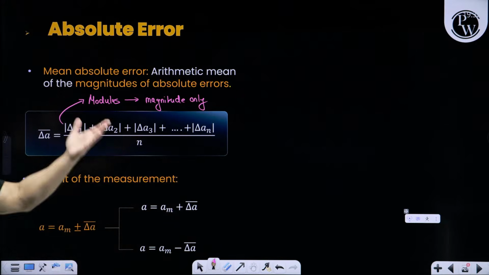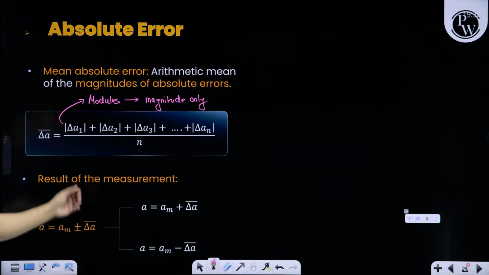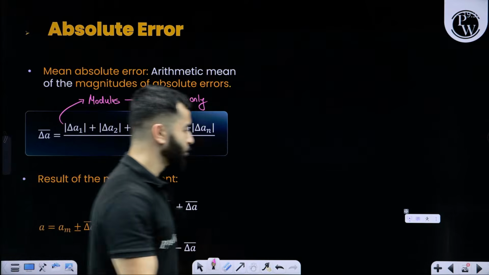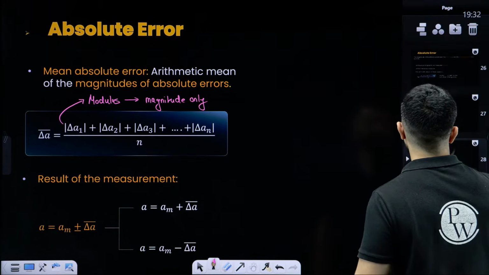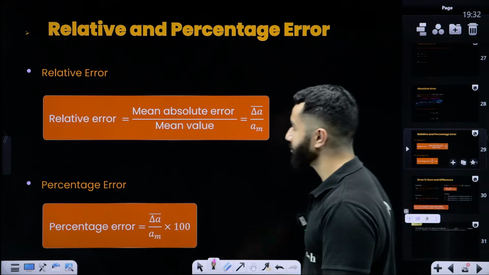Some of them are going to be positive, some of them are going to be negative. So when we talk about mean absolute error, we are going to only talk about the magnitude of all of these things. Done? Clear?